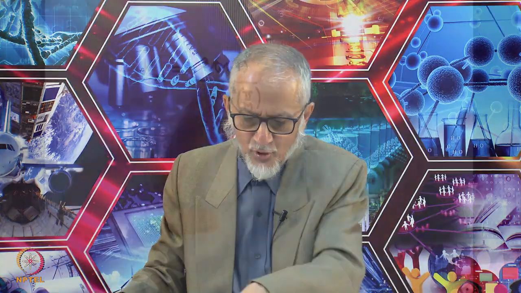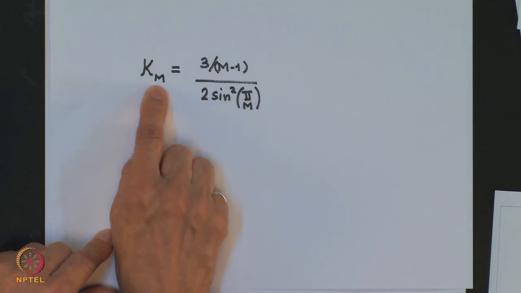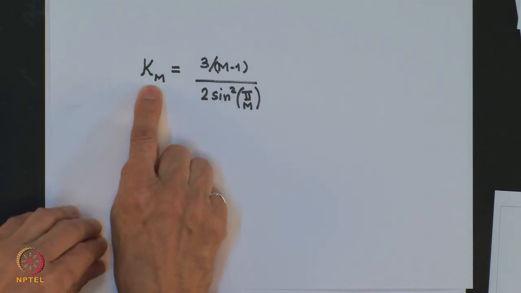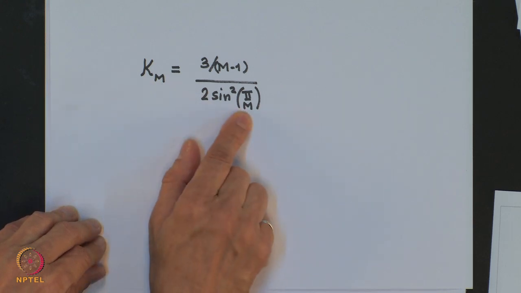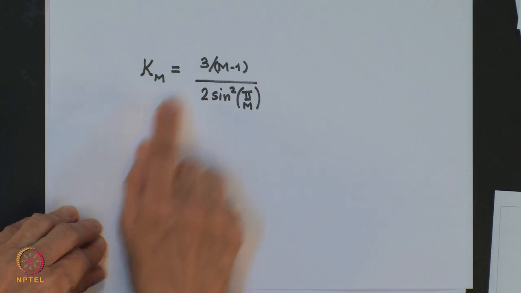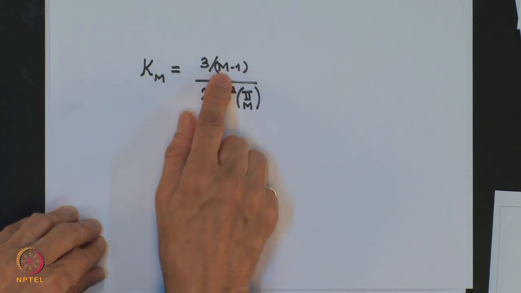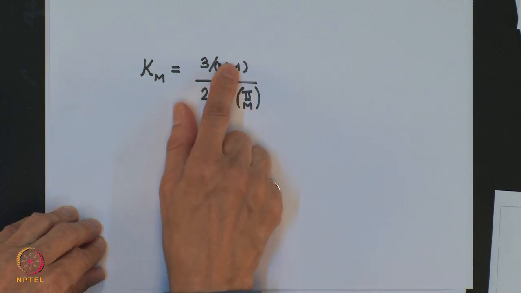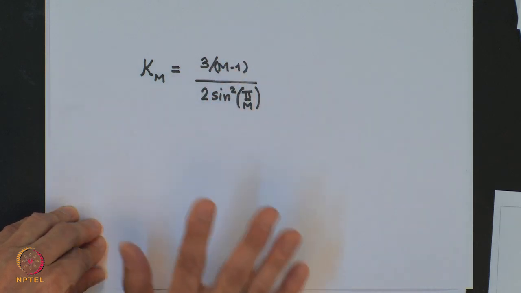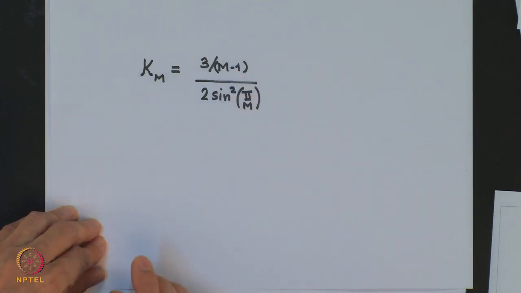If we do that, we get this quantity, and we call this Km. So, in this case, when M is equal to 4, Km turns out to be 1. What this shows is that 4-PSK, that is QPSK, and 4-QAM are the same modulation format. Right? This is not very surprising.